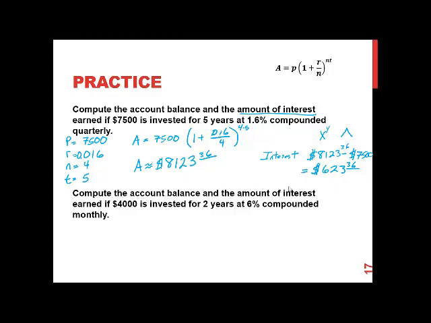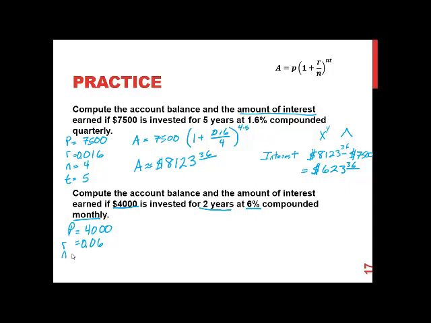Alright, let's try another one. Compute the account balance and the amount of interest earned if $4,000 is invested for 2 years at 6% compounded monthly. So again, principal in this case is 4,000. The rate is 6% or 0.06.